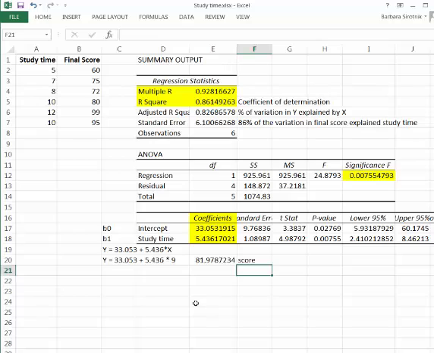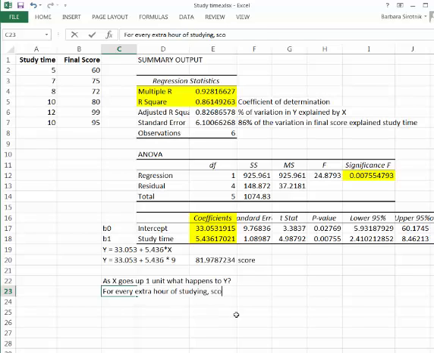Now another good thing to know is, what does this 5.436 really mean? Well, that's the slope. And the meaning of a slope is, as x goes up 1 unit, what happens to y? Well, in this case, since x is hours of studying and y is score, that says for every extra hour of studying, the score goes up by 5.436 points.